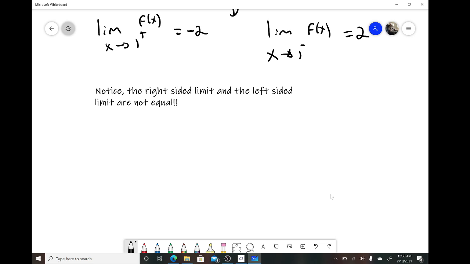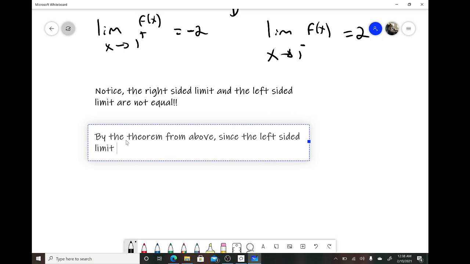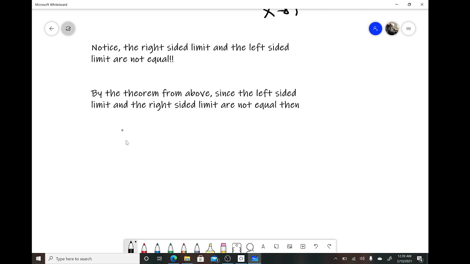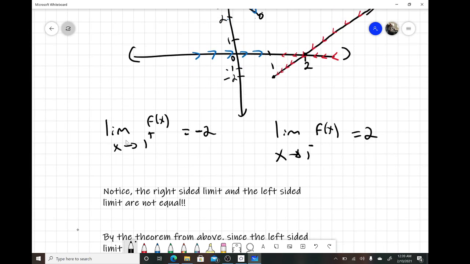so let me type it. So by the theorem from before, from above, since the left-sided limit and the right-sided limit are not equal, then the limit, and I said f, but this is supposed to be g, not f.